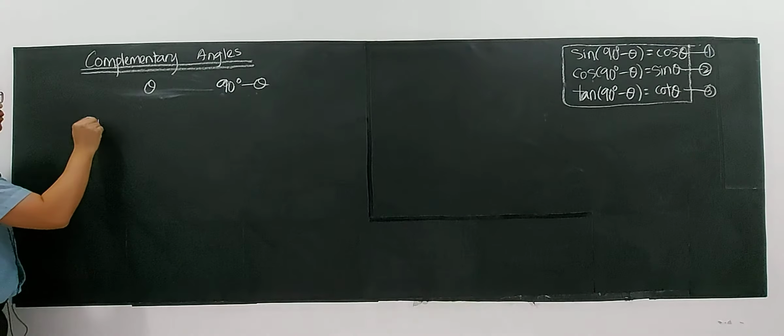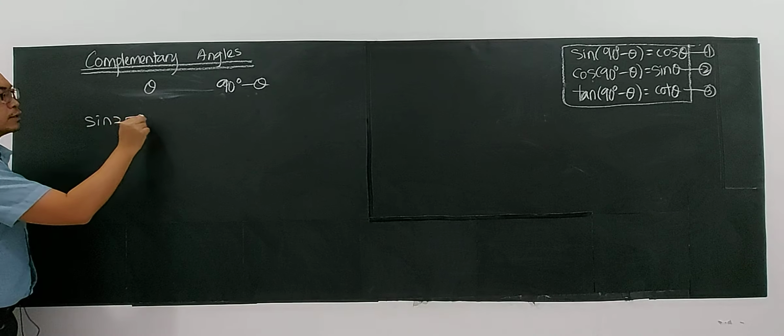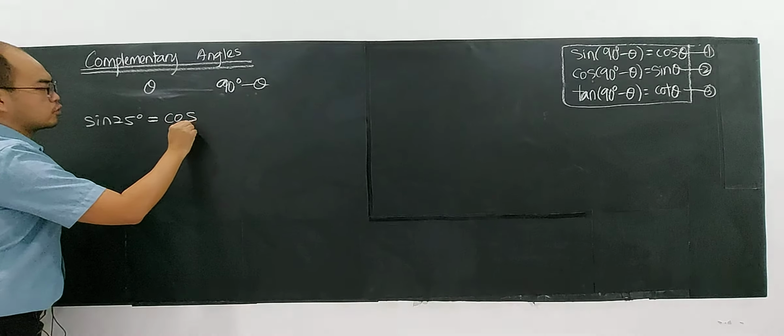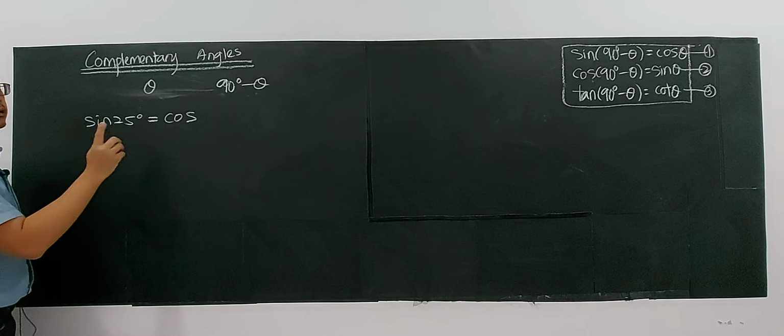For example, if I have sine 25, the value of sine 25 is always the same as the value of cos of 90 minus theta.